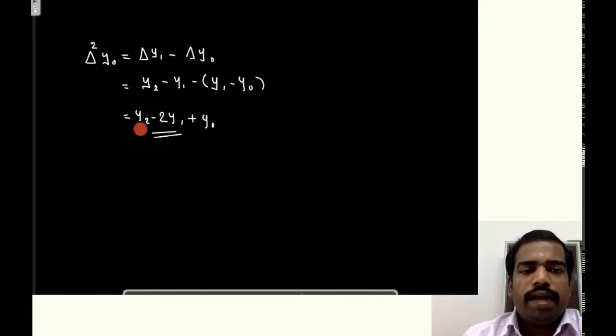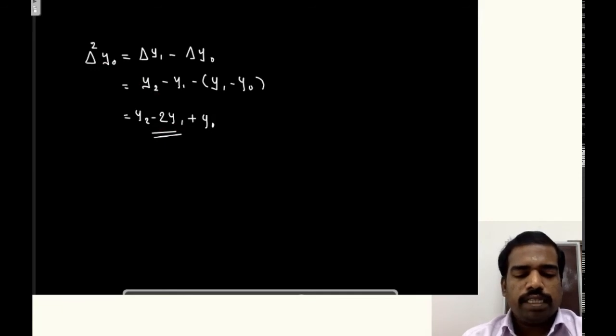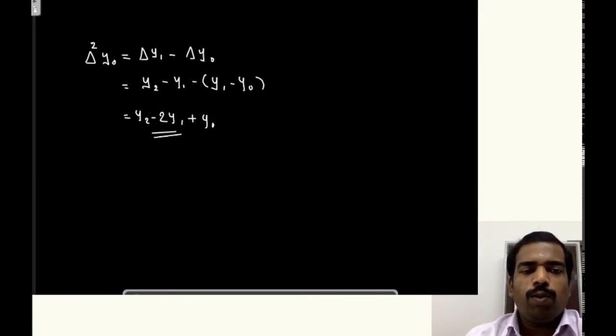Hope you got the same answer, y2 minus 2y1 plus y0. So this is delta square y0, y2 minus 2y1 plus y0. The question is, what is delta square y1? How will you write? It is delta y2 minus delta y1.